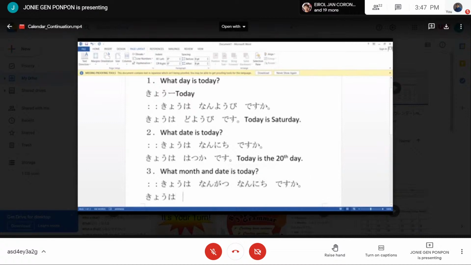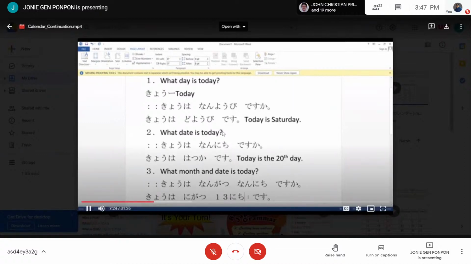Kyo wa, let's say 2月13日。はい、13日です。In writing, you may write the number and then just the suffix, or you can write the whole thing, ju, san, nichi.